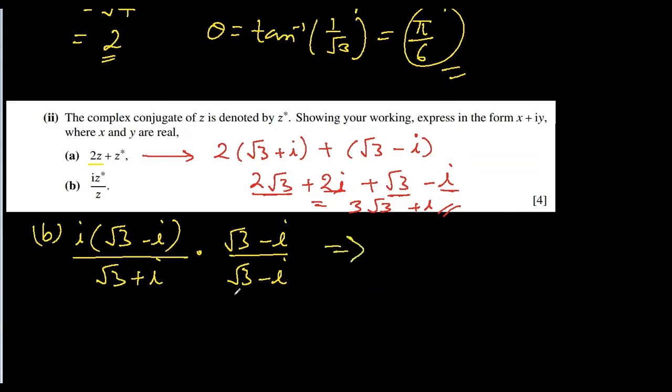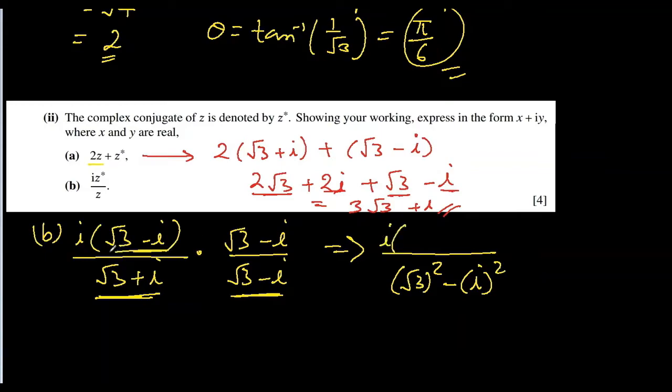And this is a plus b, a minus b format, so their multiplication will be the square of a minus the square of b. Here i is i, so I'll just multiply because they are exactly the same.